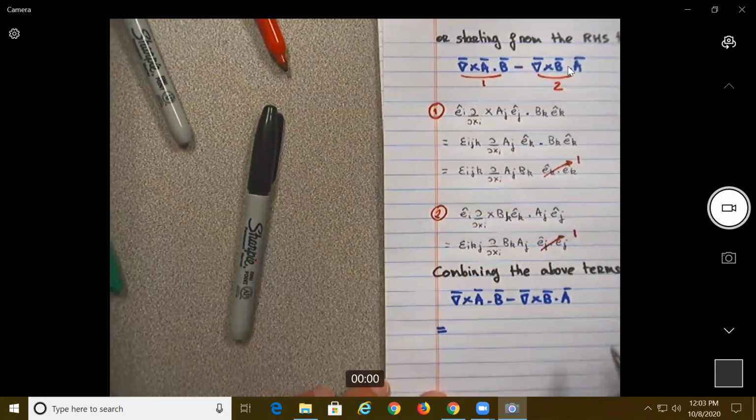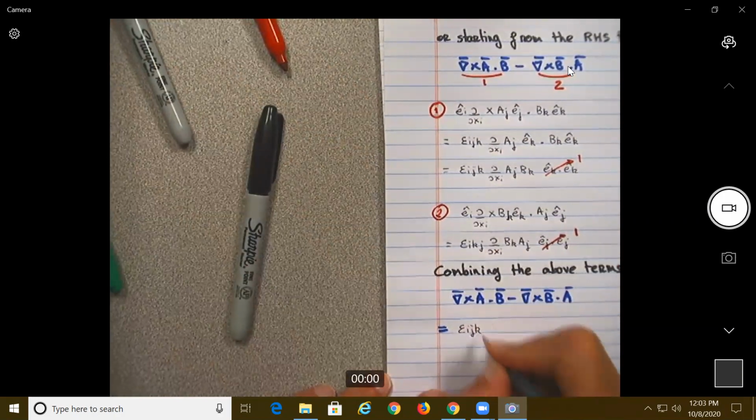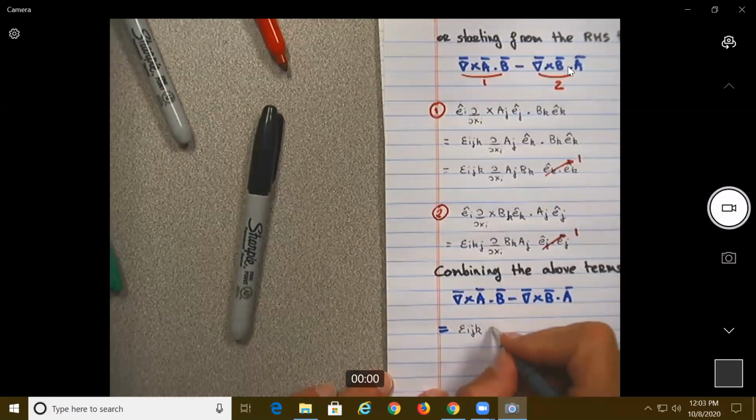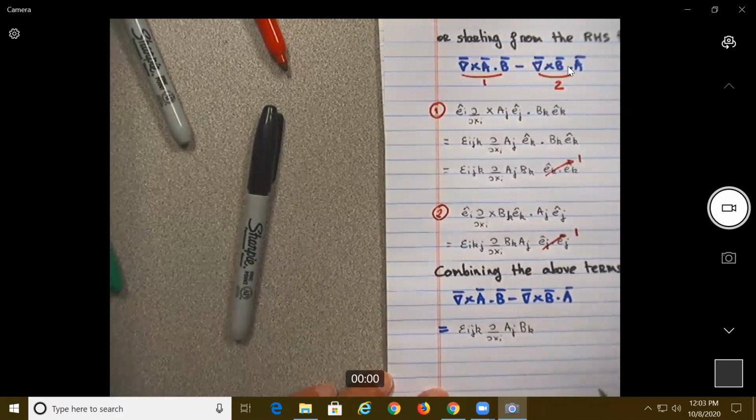The first term will be just epsilon ijk, partial of x a sub i, a sub j, b k.